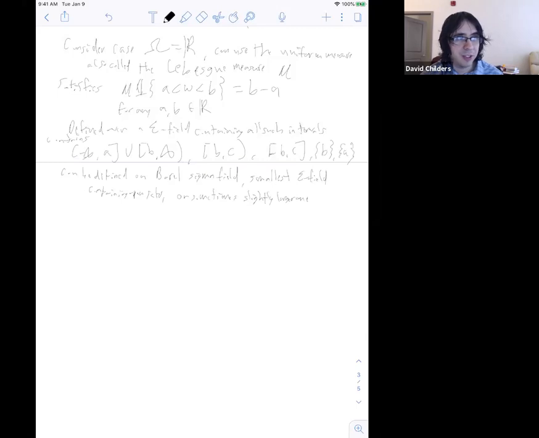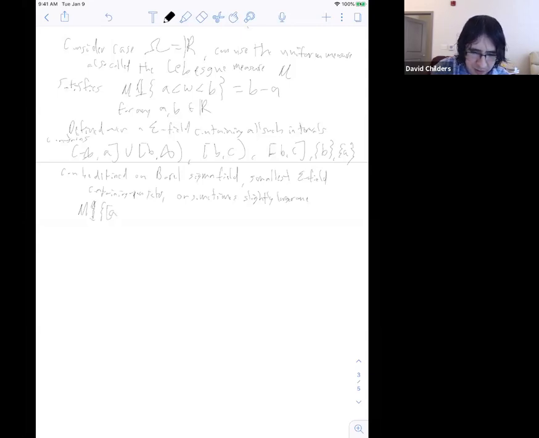And what we can do with this is we can define the measure of all of these. By this principle of decomposing things into their unions, consider the measure of a closed interval, or of an open interval.